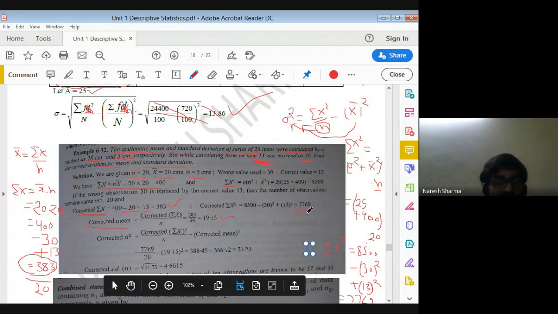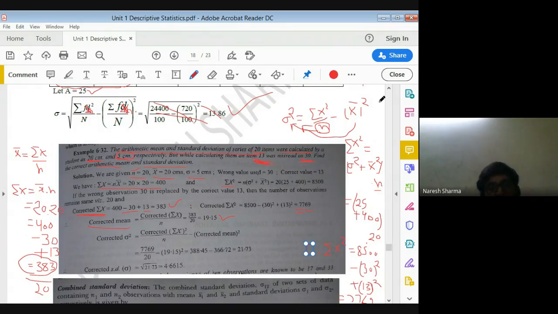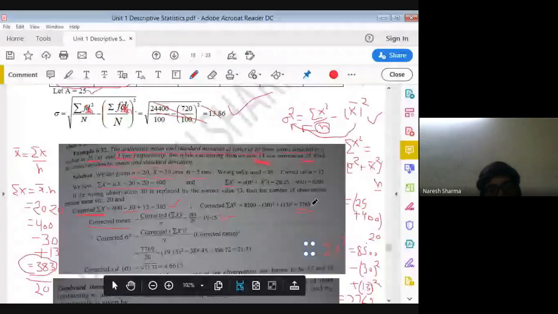Now this is the correct summation x square. Now use the correct formula, nothing else. So this is your formula, summation x square. Now we have the correct summation x square, which is 7769. So you can put it in the formula: correct summation x square divided by n minus summation x by n, or you may write correct mean, the same thing. So mean square, the correct mean we already calculated, 19.15.